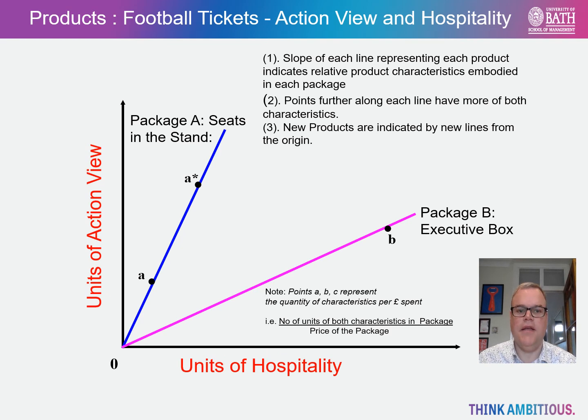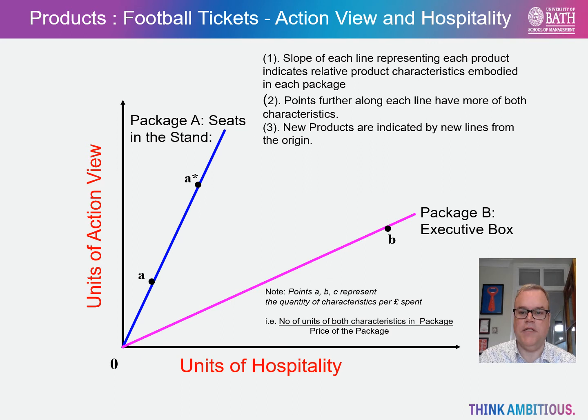On this slide, we introduce the products. We have two types. First, package A, and this has relatively more units of action view. Perhaps it's a seat in the stands, but it has less hospitality. And then we have package B, which contains relatively more units of hospitality. Perhaps it is an executive box. Points further along each line have more of both characteristics.